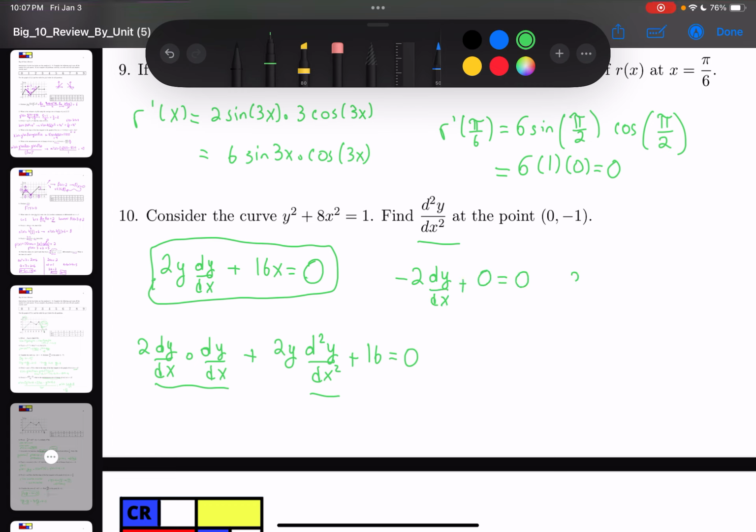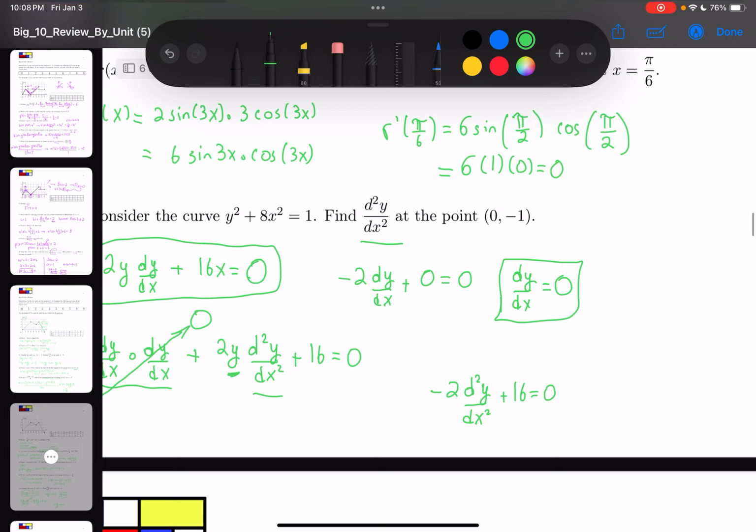That's literally going to give me that dy over dx is eventually equal to 0 as well. So if dy over dx is equal to 0, all of this is going to be equal to 0. And the y is negative 1, so I'm going to replace the y over here, and it's going to be negative 2 d squared y over dx squared plus 16 is equal to 0.